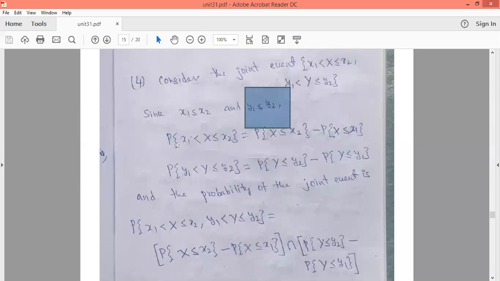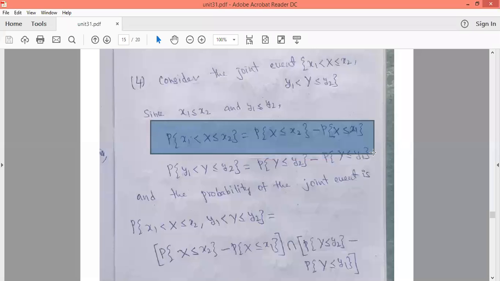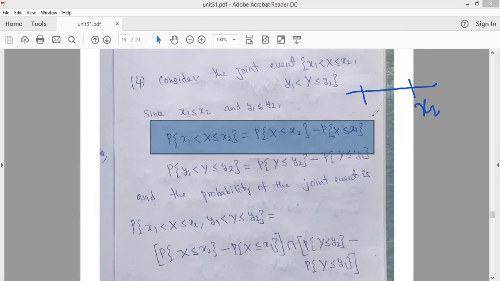Now you see this, it is very important, students. The probability of x1 less than x less than or equal to x2 can be written thus: x2 is higher than x1, so it has more elements compared to x1. If you want the probability between these two, we find the probability of x2 minus the probability of x1.